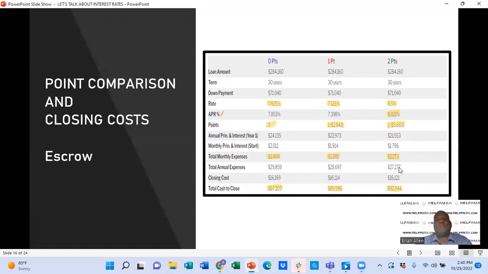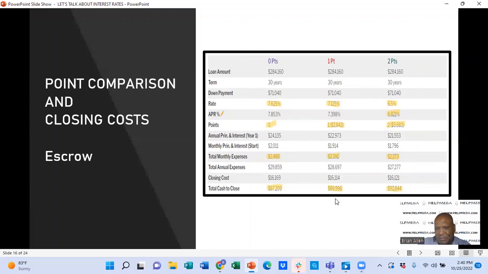And what I did was, this is escrow, and you'll see the difference in the monthly expenses here. The taxes I used was $373, and the insurance was $104 a month. That's monthly. So you see the monthly payments higher, and the closing costs are higher by about $6,000.